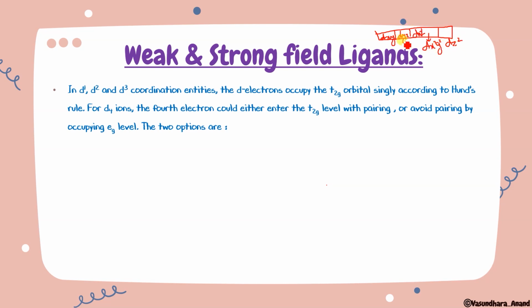This is assumed: dxy, dyz and dxz, ये initially जो होते हैं वो t2g होते हैं, and after that two are eg. So if d1, d2, d3 combination are there, the coordination entities are there, their configuration is that, then it will occupy only this t2g, yani 1 1 1 singly according to Hund's rule.